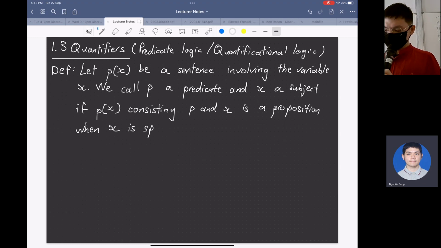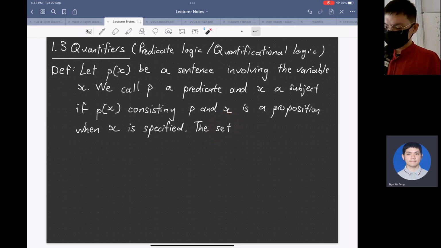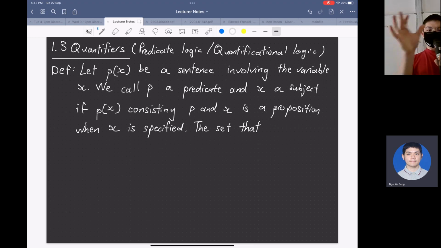Remember the tutorial question we did last week? And the set, actually, sorry, I haven't defined the set yet. I can't define it now either. You have to wait until the second topic. Sometimes they introduce set theory before logic. Some books do set theory first.